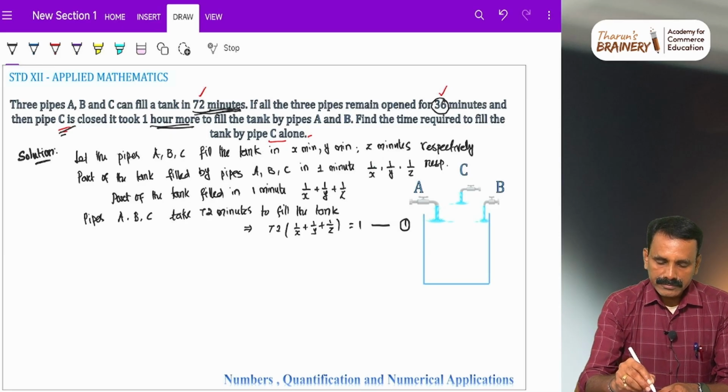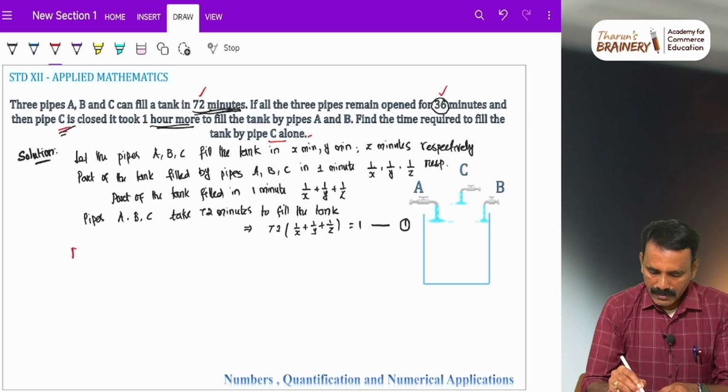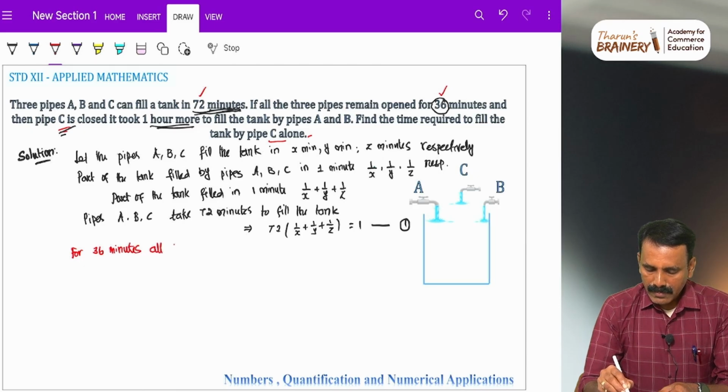So, we write: for 36 minutes all 3 pipes are operated.